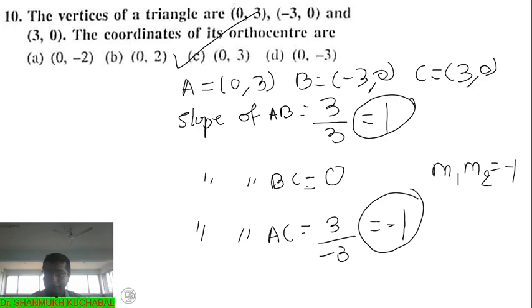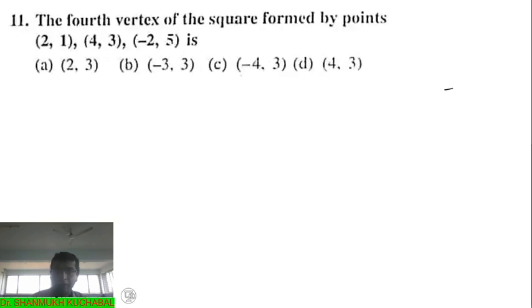Yes, like this we have to calculate. The reason is, wherever it is, that is (0, 3), we get a relation that satisfies m1 m2 equal to -1, therefore it is right angled at the point A, that is the orthocenter, right?